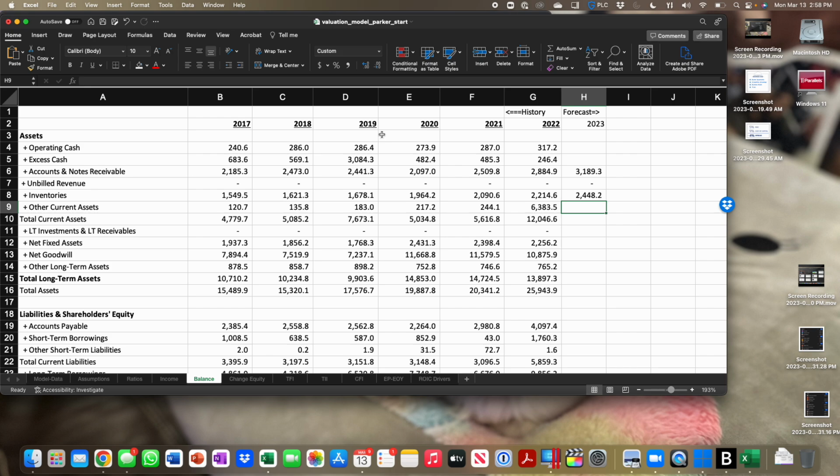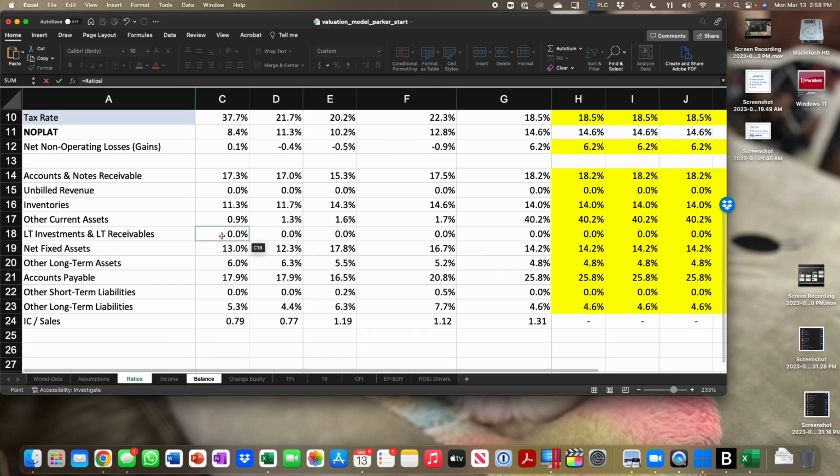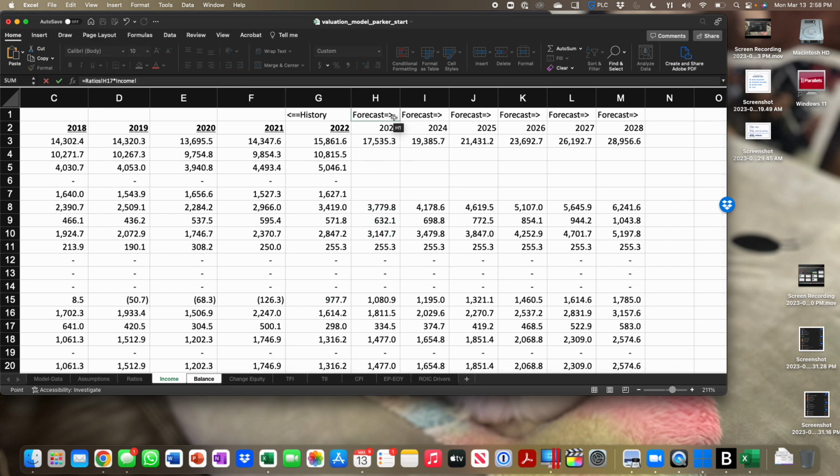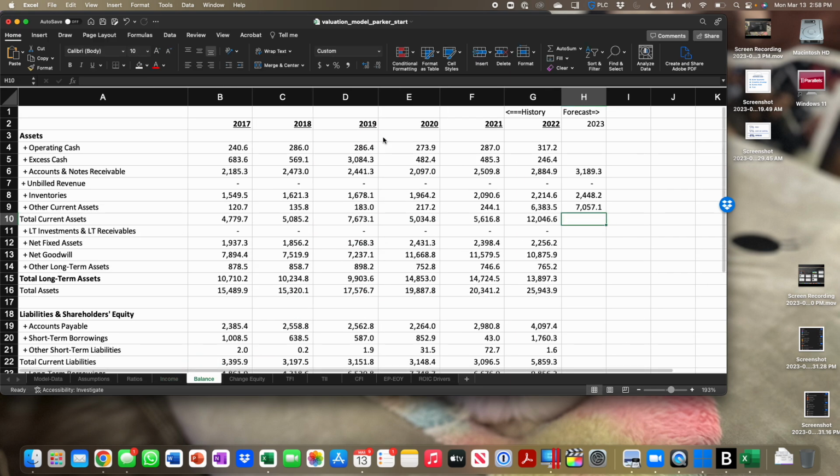For other current assets, equals from the ratios, other current assets is row 17, so H17 times income, H3, gives me 7,057.1 million of other current assets.